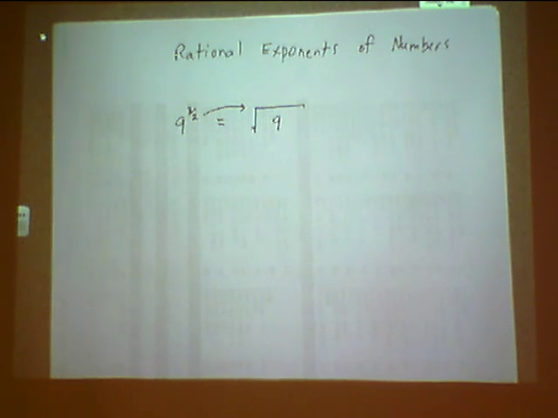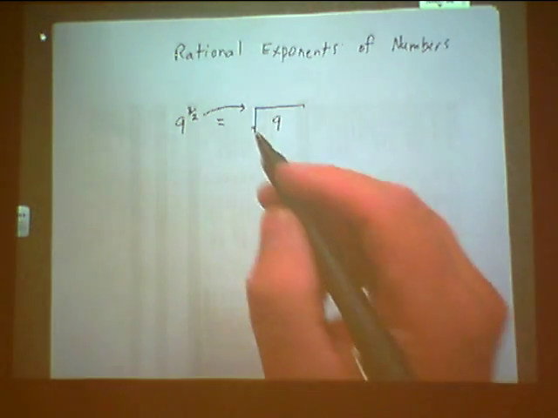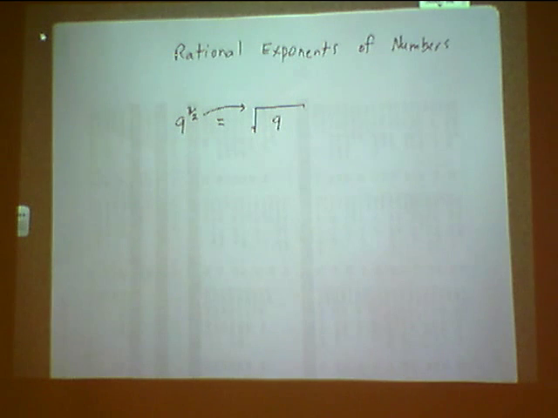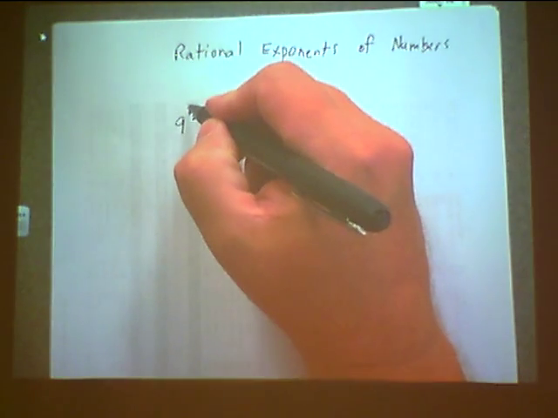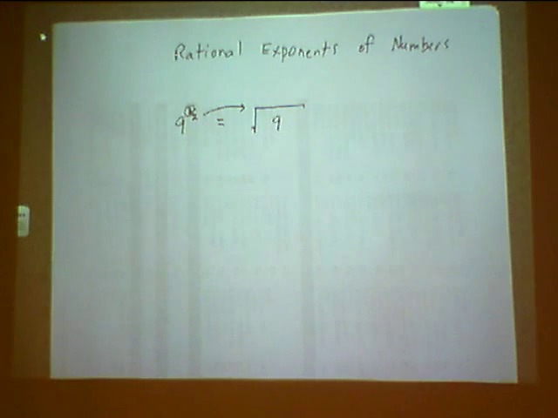Now, of course, I'm not going to write a 2 there because for a square root, we don't write the root of 2. If there's no number outside this radical, that means it's a square root. There's really a 2 there, but we don't write the 2. But then, the numerator of the exponent, I actually have 2 choices.